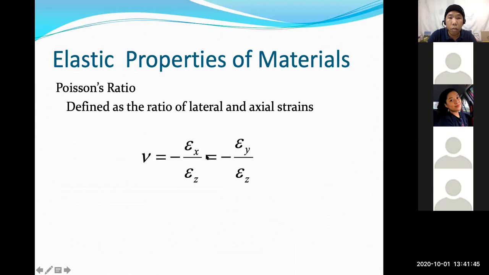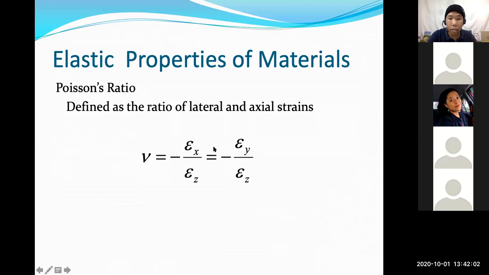Okay, so now we go to Poisson's ratio for elastic properties of materials. Poisson's ratio is defined as the ratio of lateral and axial strains. So this is the symbol for Poisson's ratio.